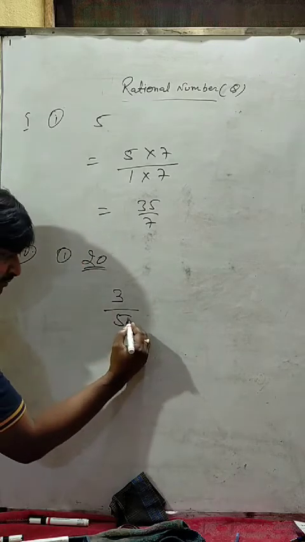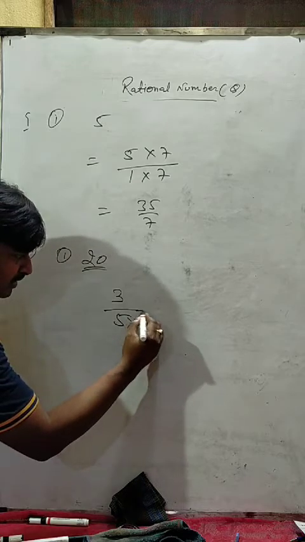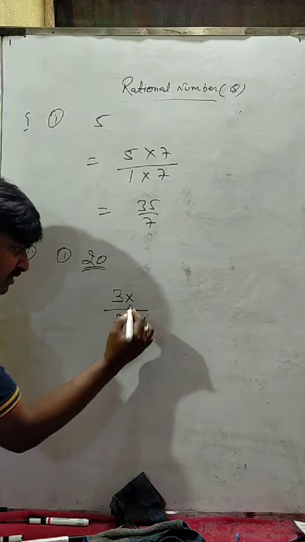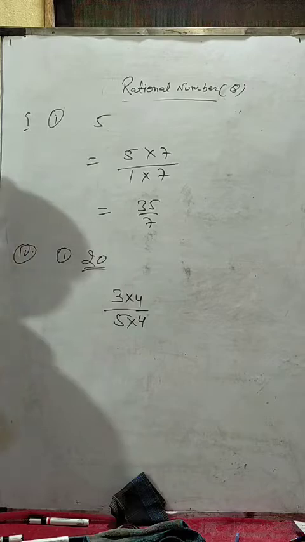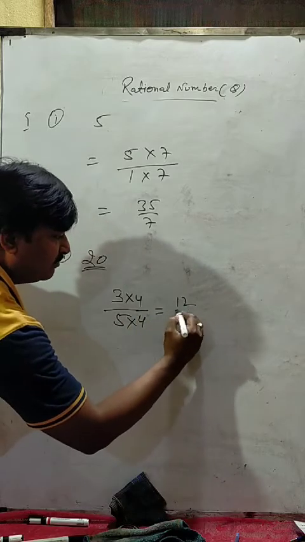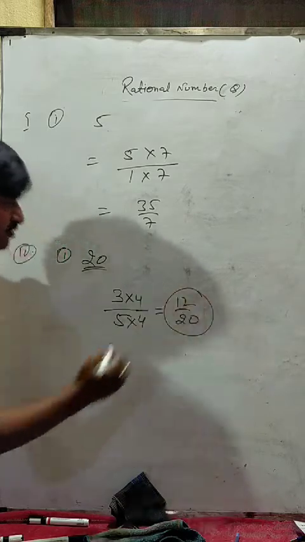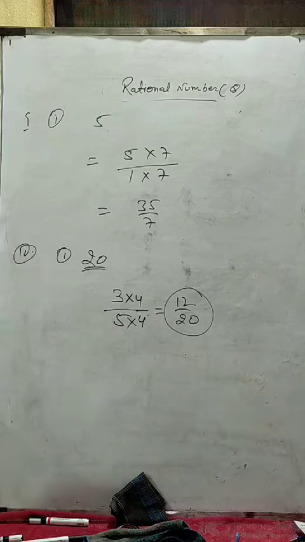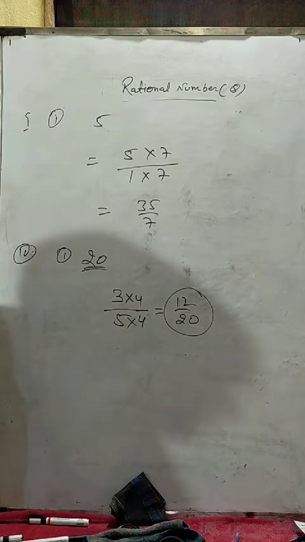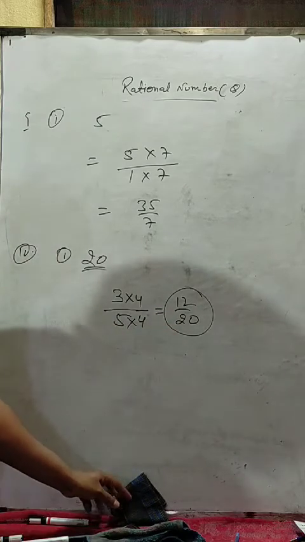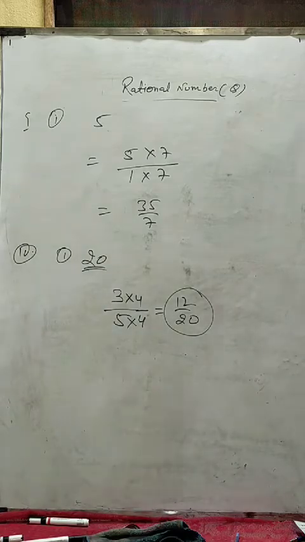If we multiply 5 by 4, we will get 20. By the same number we have to multiply its numerator also, and it becomes 12 by 20. So 3 by 5 becomes 12 by 20. So this way we will solve the exercise.